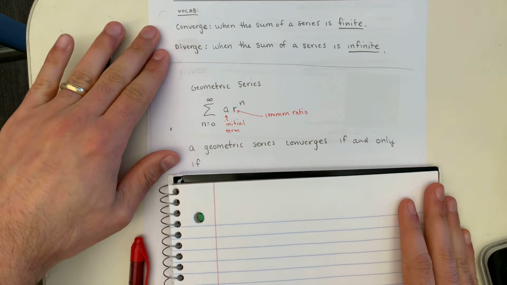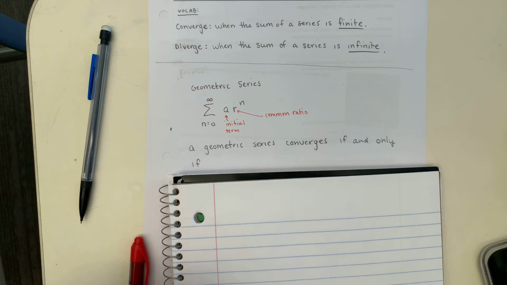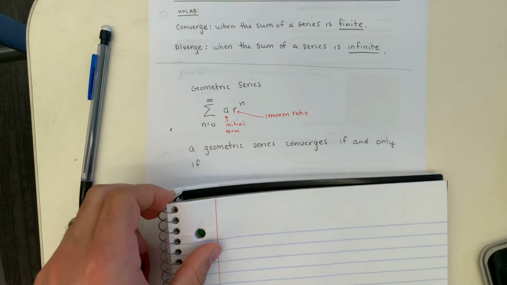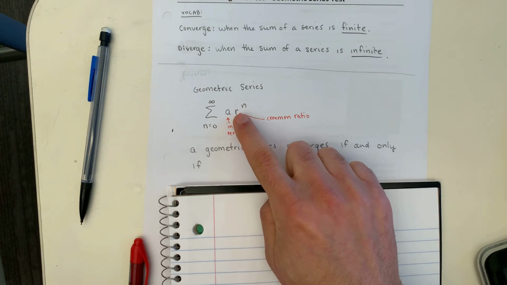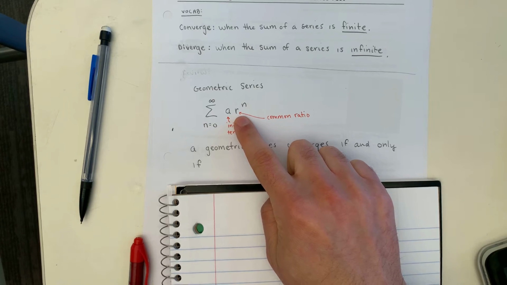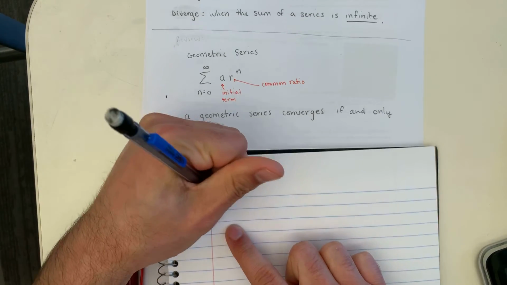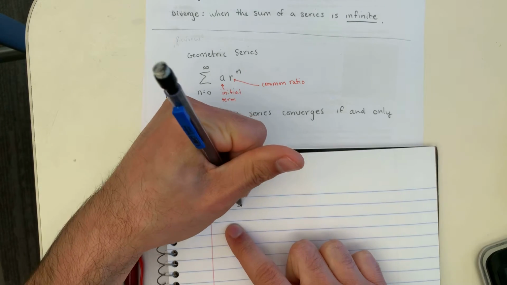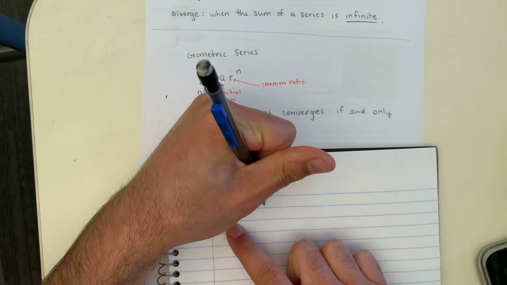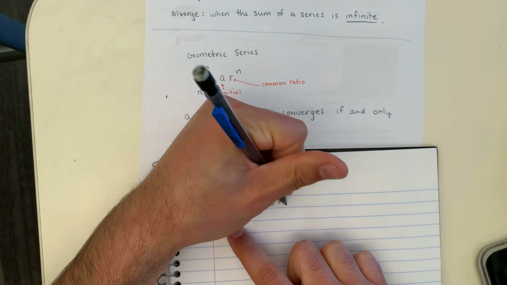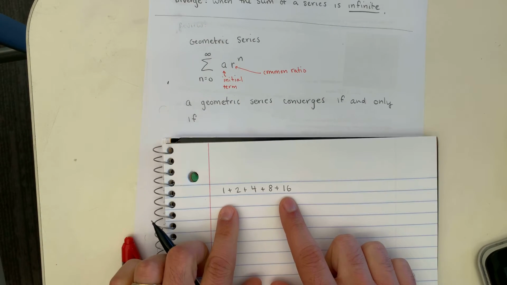Now, to determine if a geometric series converges or diverges, let's discuss your common ratio. If I had a common ratio that was multiplying by 2 every time, that would make the series just get massive. It would be diverging.